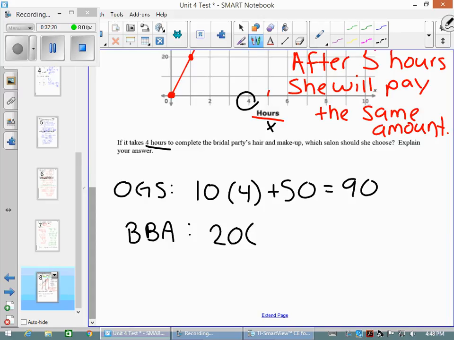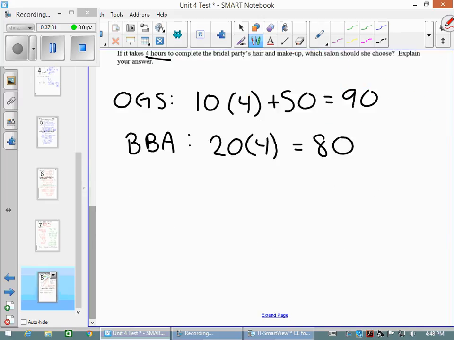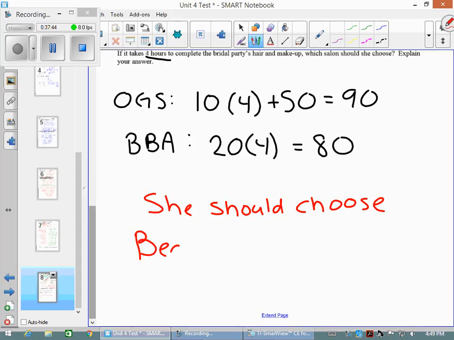So I would choose, or she should choose, Beauty by Anita. Because her cost would only be $80. So it would be $10 less, actually.